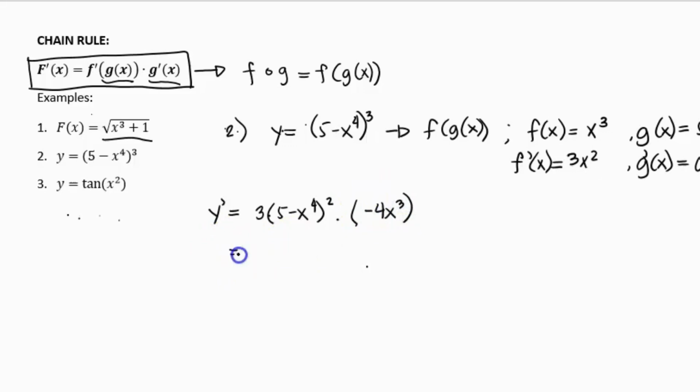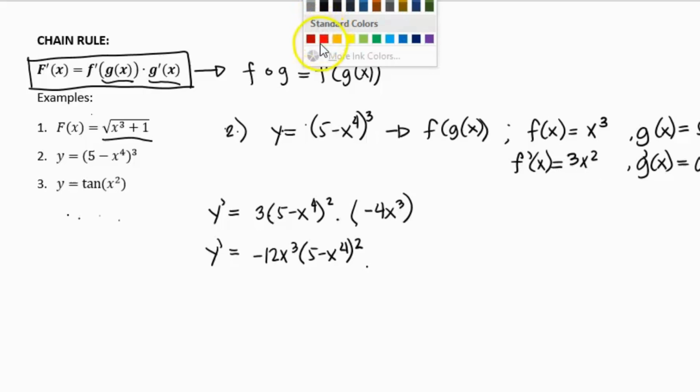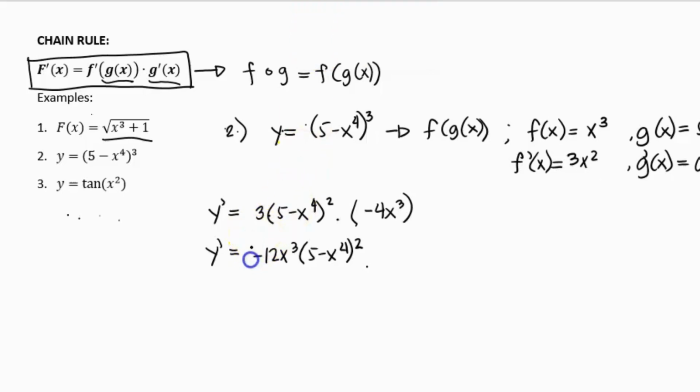Let's simplify this one. We can write this as negative 12, so 3 times 4, then x cubed, times (5 minus x to the 4th) squared. That is the answer for number 2.